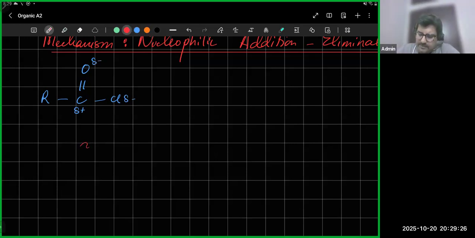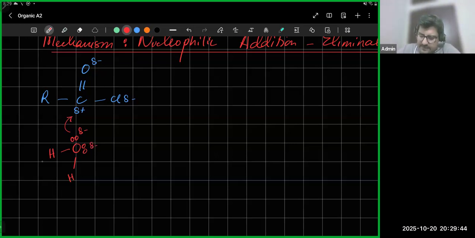The water molecule comes in. Okay, so here's your water molecule coming in. The water molecule has lone pairs which have partial negative charge, and these lone pairs are going to be very strongly attracted to the carbon that's positive.